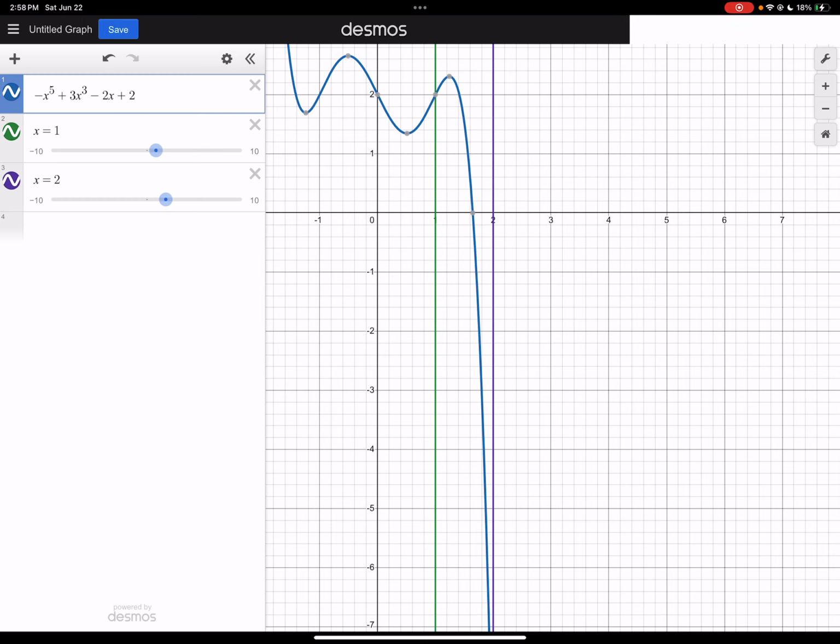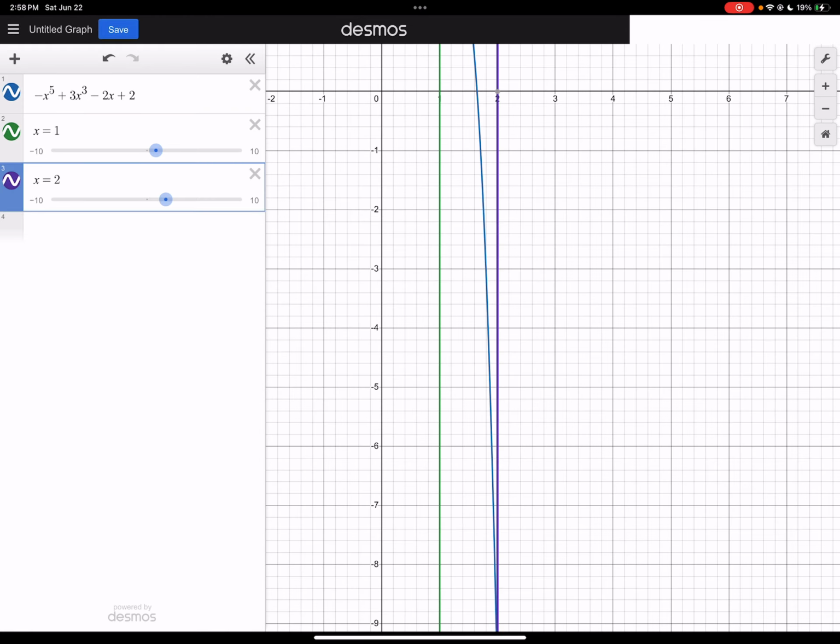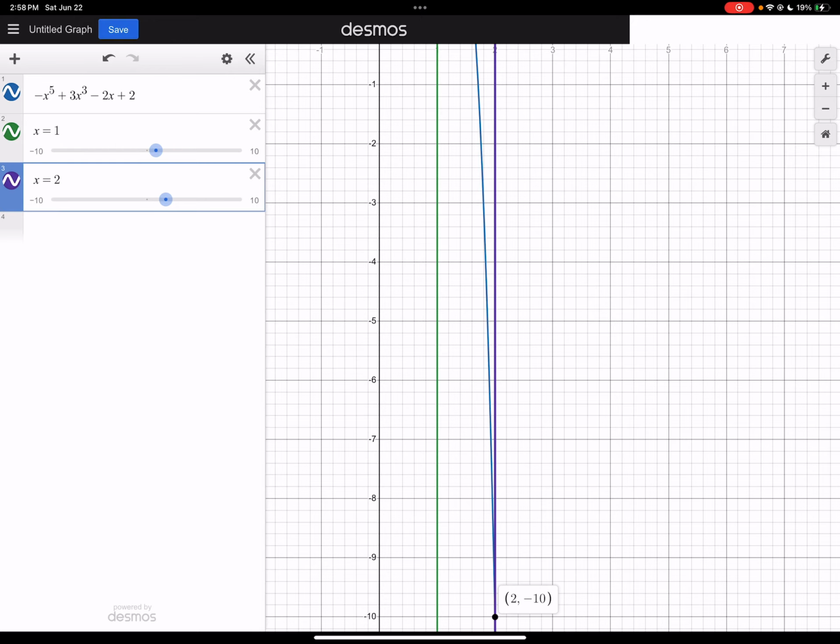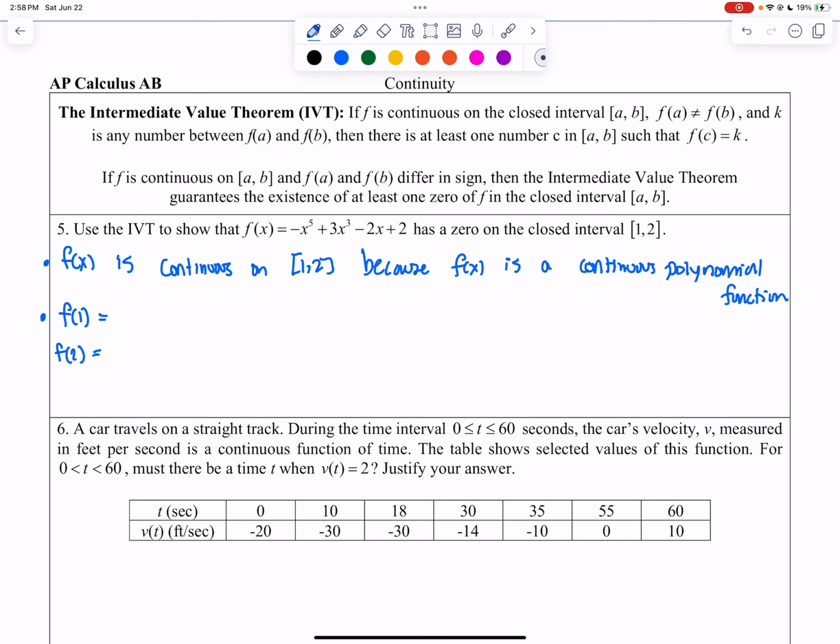No, I don't really care for that value. I only care about, hey, there's going to be a 0 between 1 and 2. I just don't know what it is, and I don't care for now. So I could say that f of 1 is 2 and f of 2 is equal to -10 for my second part.